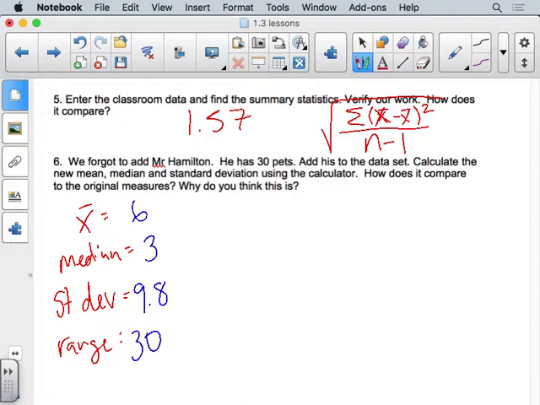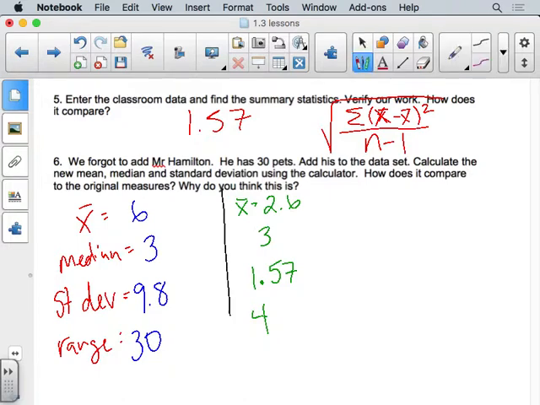So how does it compare to the original stuff? So let's go for our differences here. We ended up going with 2.6, 3, what did we get there? Technically it should have been 1.57, and then we had a range of 4.